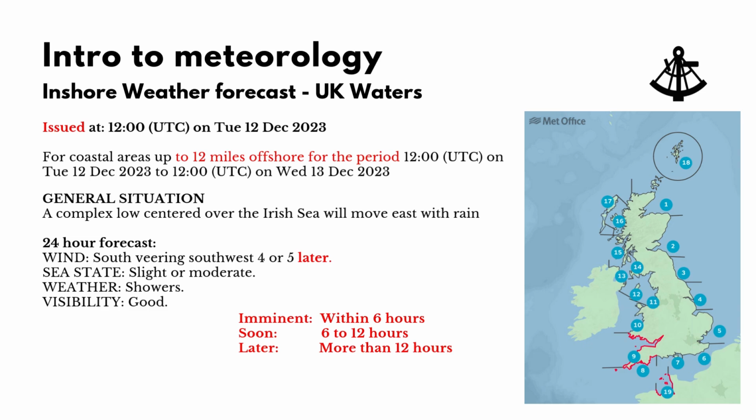In the weather forecast, any timings will be from the time of issue, not when you see or hear the forecast. Forecasts use the following terms for time. Imminent is within 6 hours, soon is 6 to 12 hours, and later is more than 12 hours from the time of issue.